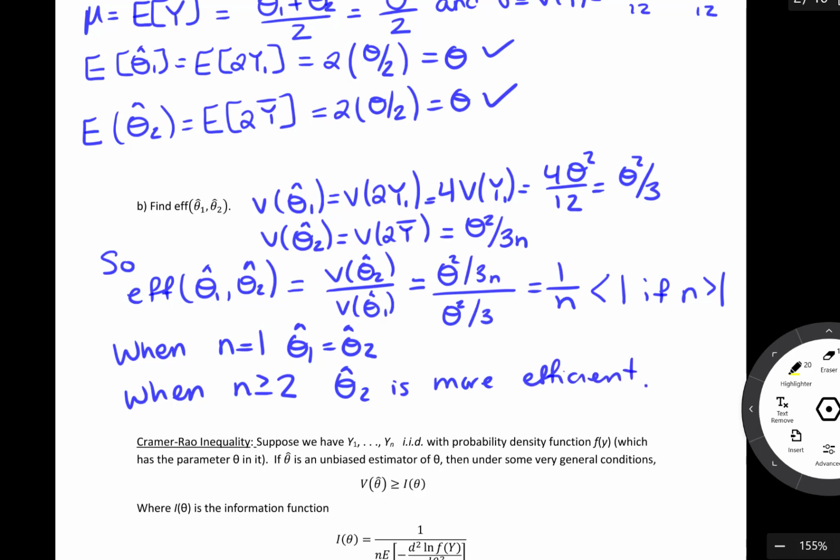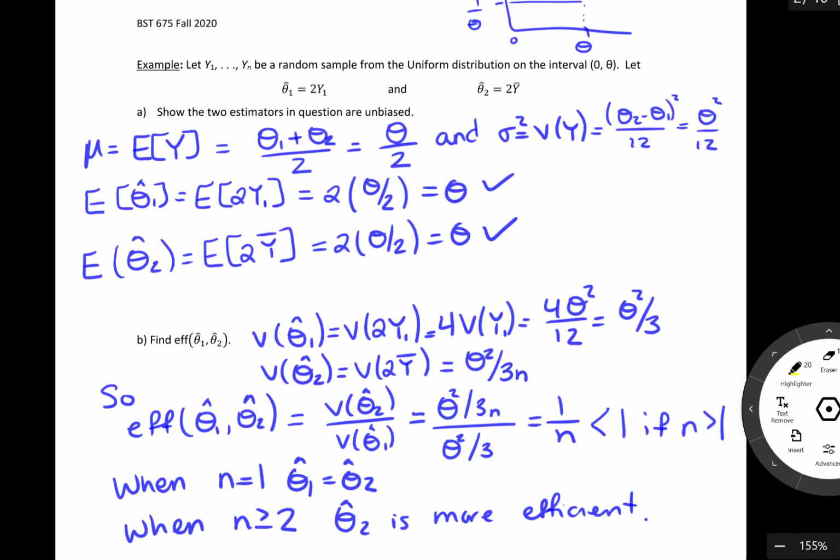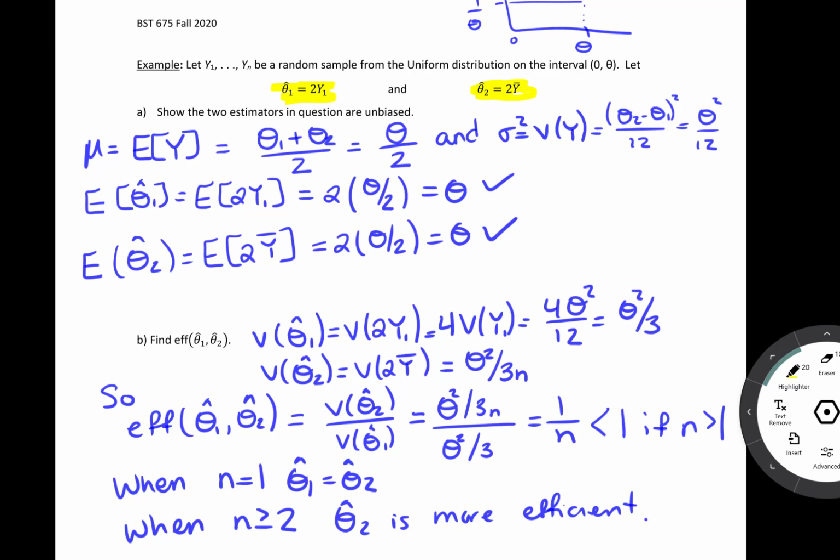And if we look at what's going on with these two estimators, that makes sense. Notice that our first estimator here is only using a single data point, whereas this estimator would be using all of the data points. If we want to reduce our variability, it makes more sense to look at all of the data points versus just the first one.